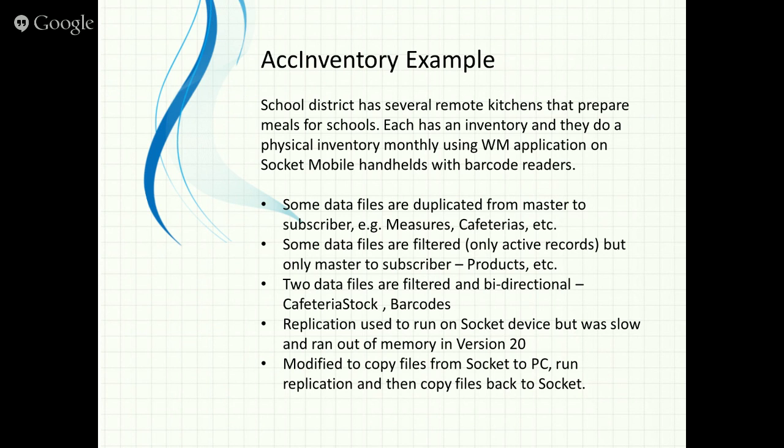There could be multiple UPCs for the same product because it comes from a different manufacturer, but it's still the same product. Then they can link those 2 different barcodes to the same product. And I'm hoping that we can see that when I demonstrate here.